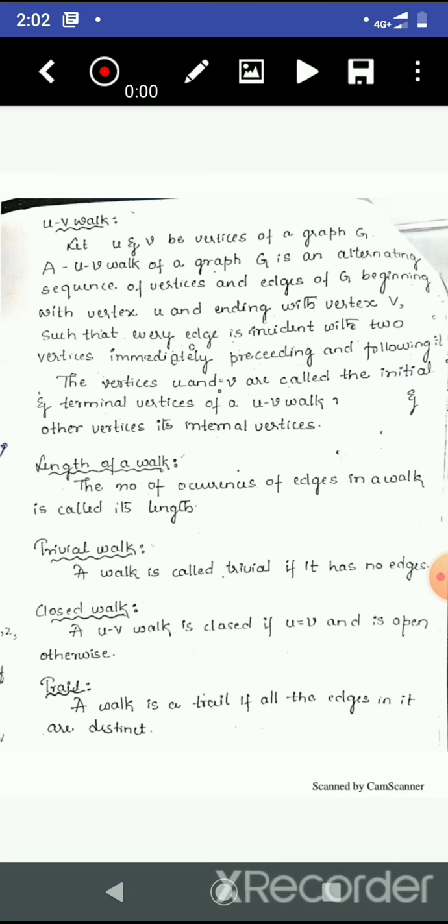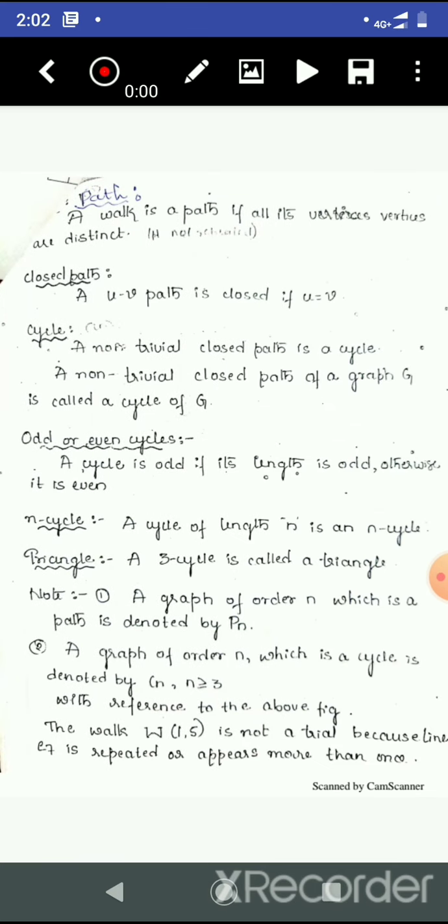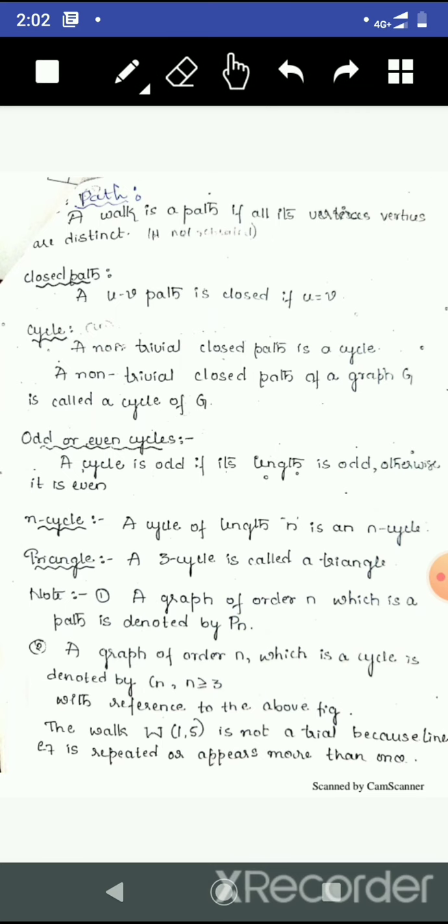Then next definition, path. A path is also a walk only. A walk is a path if all its vertices are distinct.